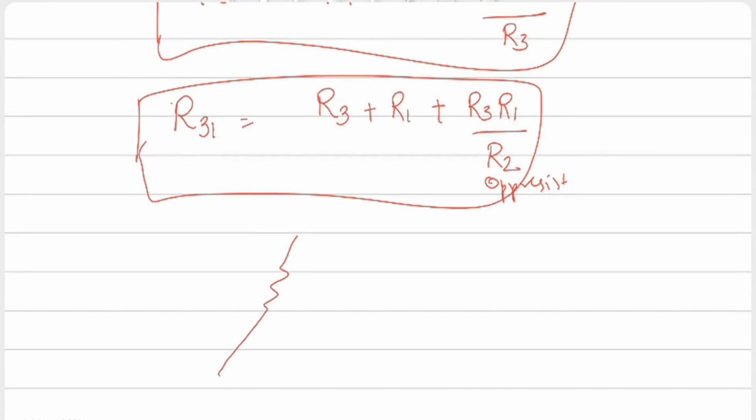So suppose it is star, suppose it is delta, then you have to convert it into star. I hope you get the idea of how to convert delta to star and star to delta. I hope you get the clear idea.